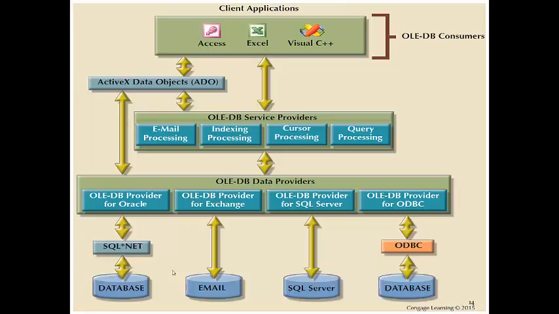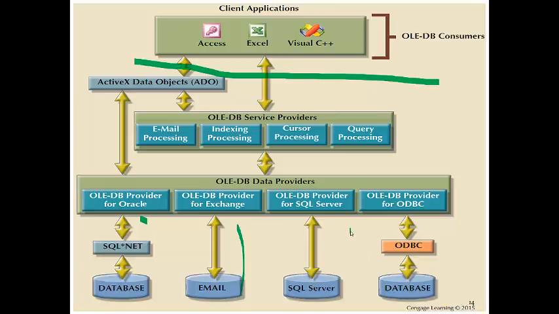Well, so here's the overall idea. It's very similar. We have our clients, which are consumers. And then we have our providers, which really are different types of databases, right? We might have Oracle, we might have email from Microsoft Exchange. We might have a SQL Server.